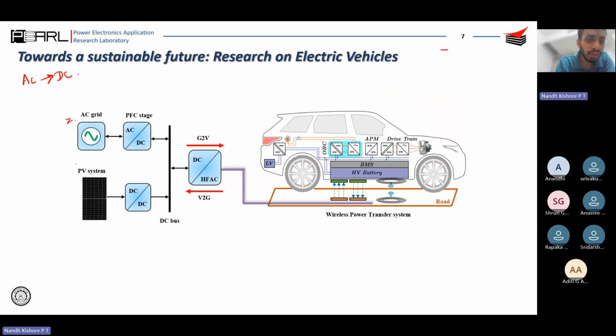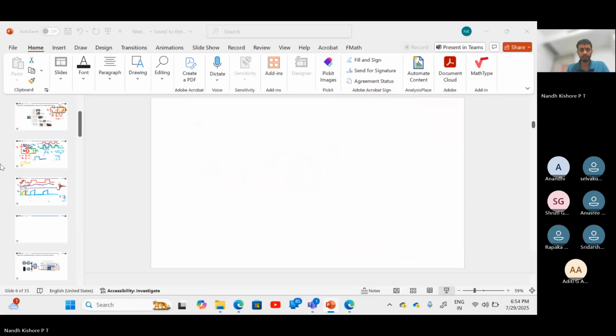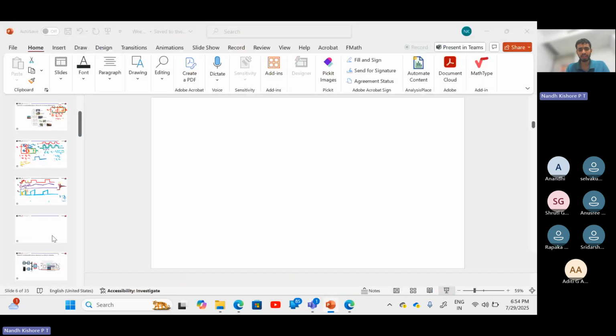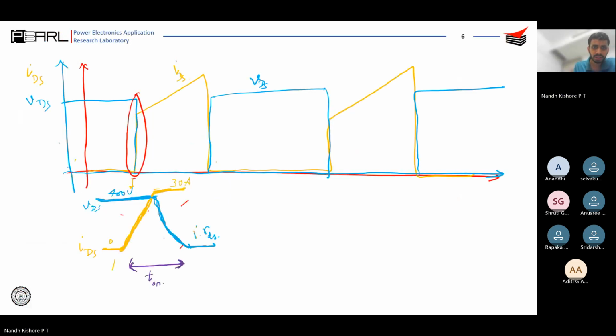So you have what is known as a PFC stage, a power factor correction stage. Okay, you will convert AC into DC. So can anyone tell how do you convert AC to DC? Rectifiers. So the simplest rectifier that we all would have studied is the diode bridge rectifier, correct?